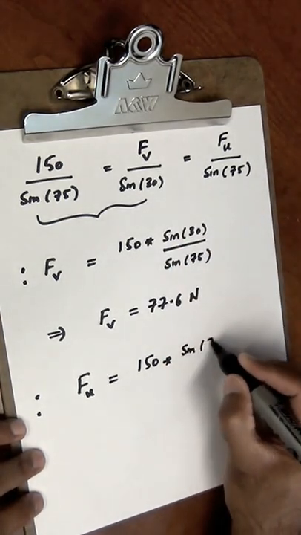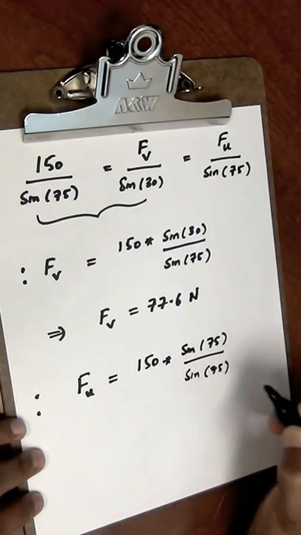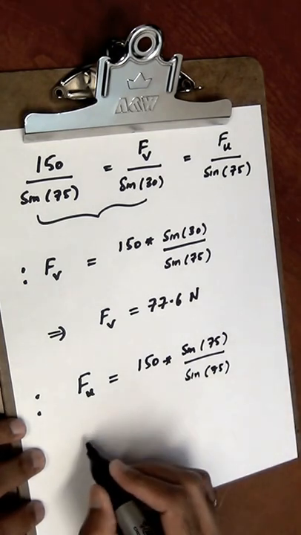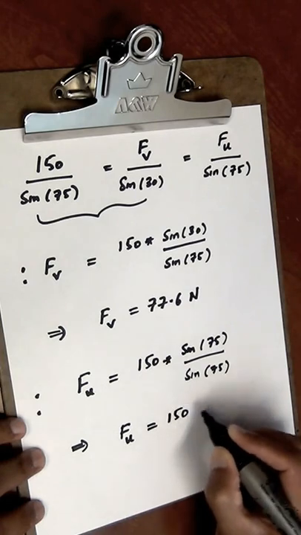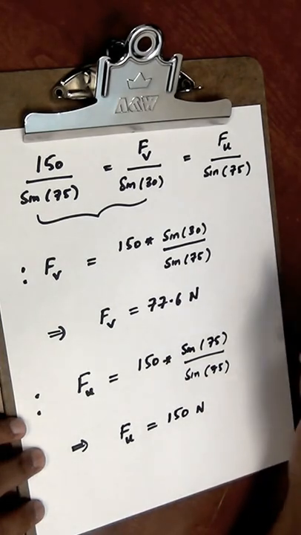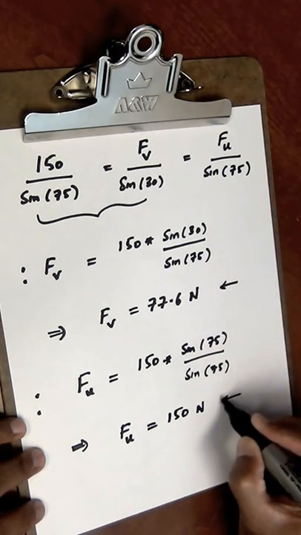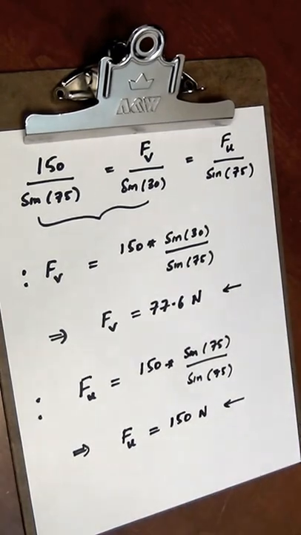This is going to be sine 75 by sine 75, and common sense tells us that these two are the same, and so this tells me that F suffix u is 150 newtons. Now notice that we have the magnitudes only specified here. We are not interested in the directions because the problem did not ask us for the directions.